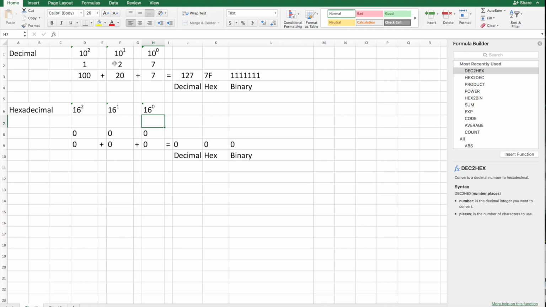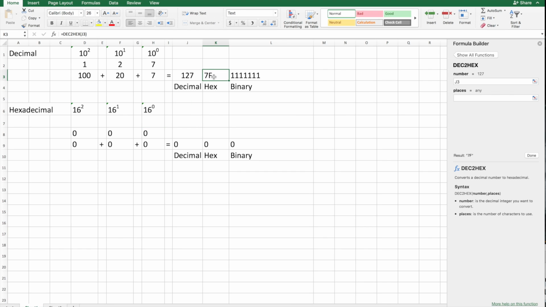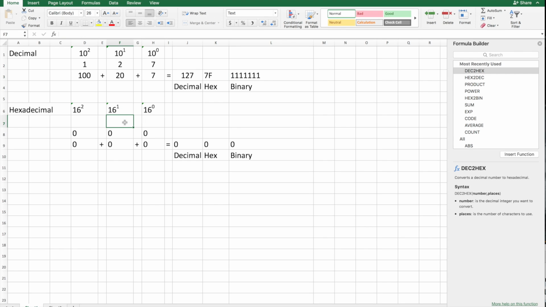To help you understand it better, let me write the units in here in decimal so you understand what's going on. So we're going to put 7F in here and talk about what 7F means. 7F would have 7 units of the 16 to the 1 column and F units of the 16 to the 0 column.